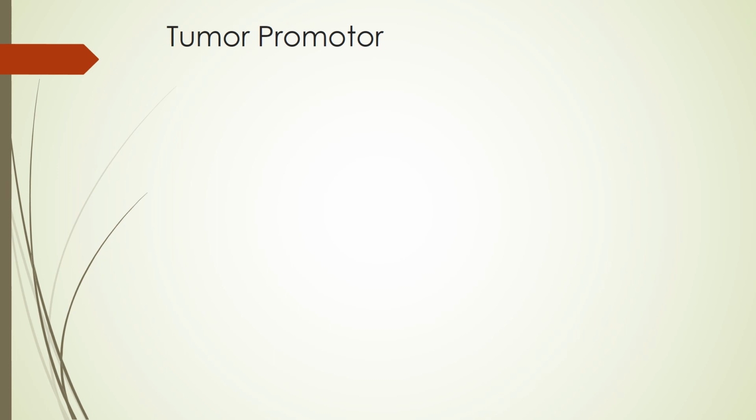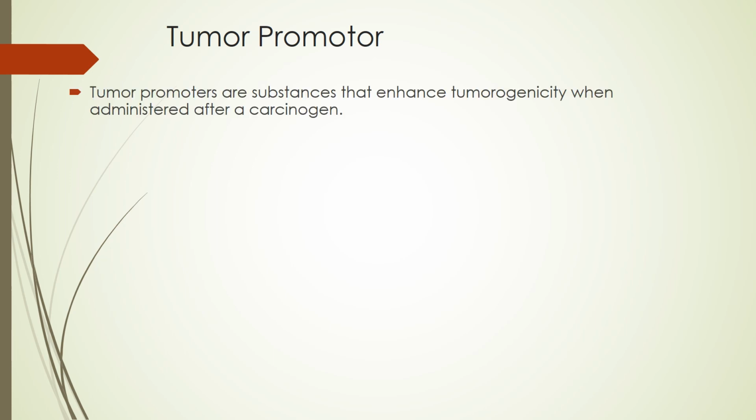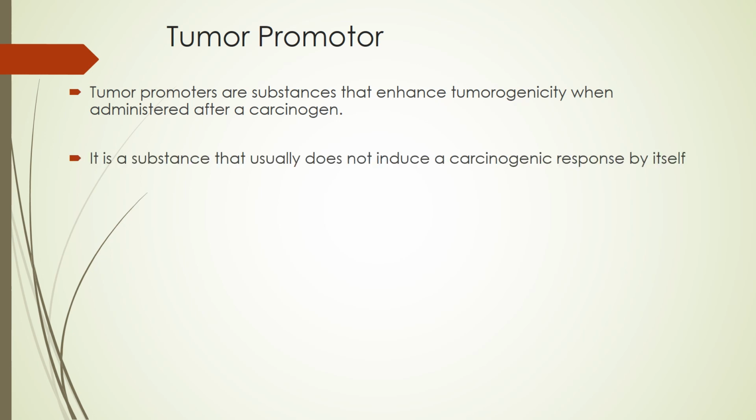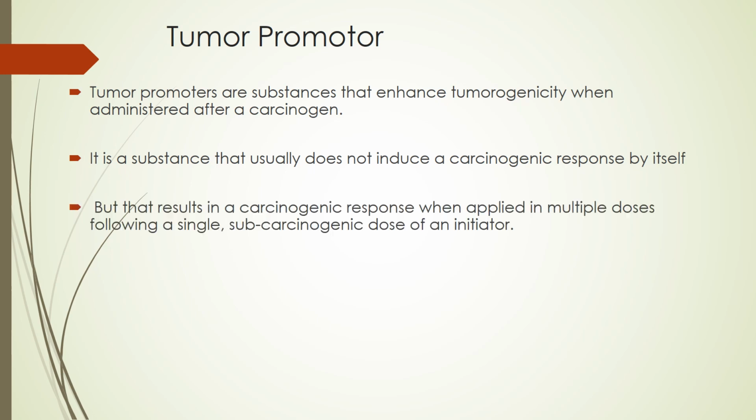Tumor promoters are substances that enhance tumorigenicity when administered after a carcinogen. A promoter usually does not induce a carcinogenic response by itself, but results in one when applied in multiple doses following a single subcarcinogenic dose of an initiator.